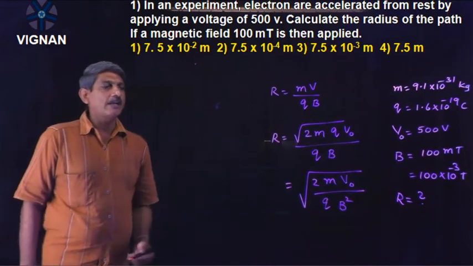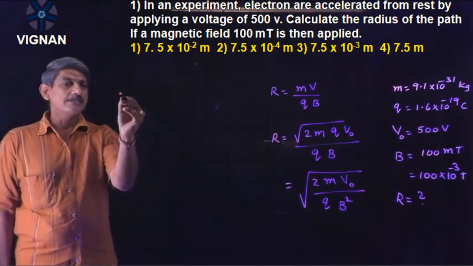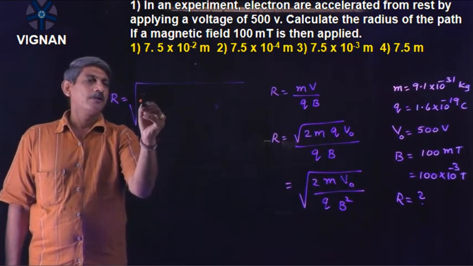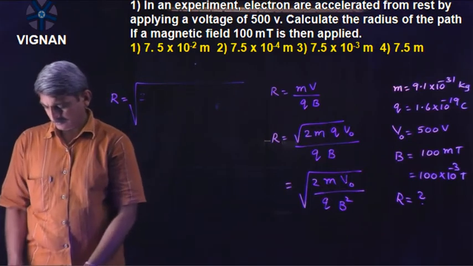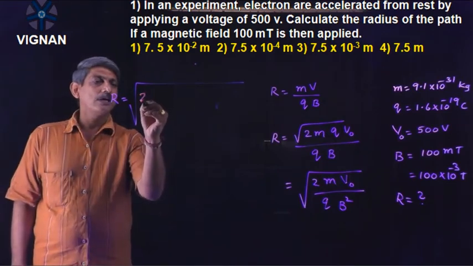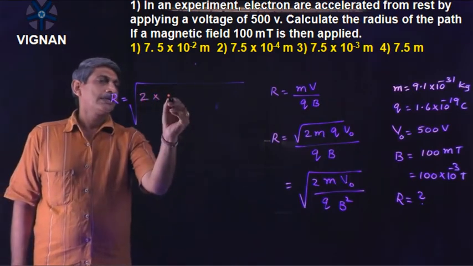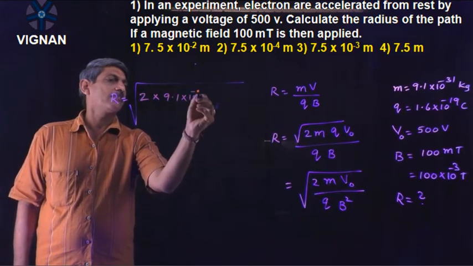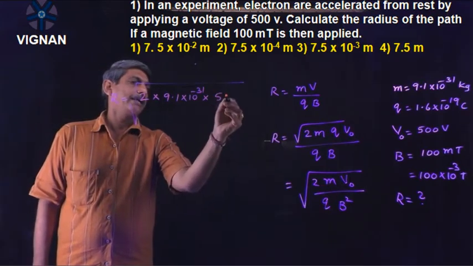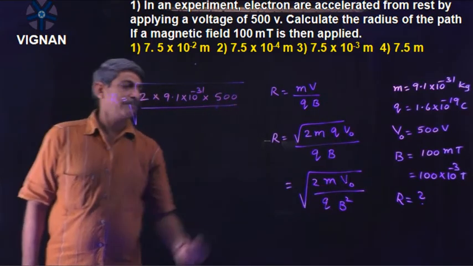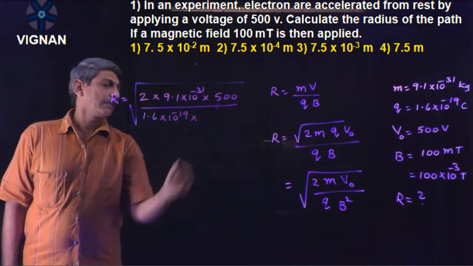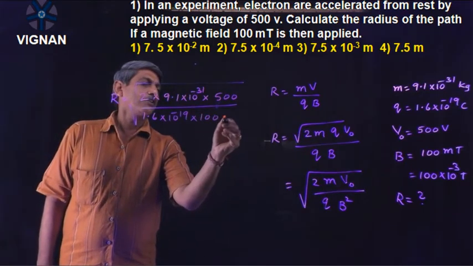Now substitute the given values in that equation. We have R is equal to root of 2 into 9.1 into 10 to the power of minus 31 into 500 divided by 1.6 into 10 to the power of minus 19 into 100 into 10 to the power of minus 3 whole square.